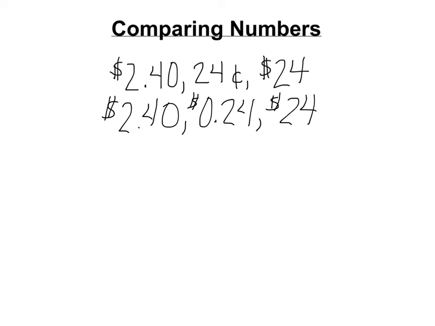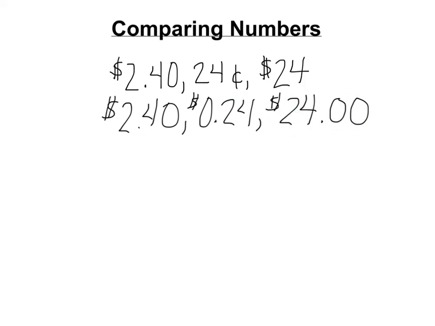Since we're dealing with money, it may also be helpful to put a decimal and 2 decimal places on each of these. Now, if I compare them, I can see that this is $2 with some change, this is only change, and this is $24 with no change.